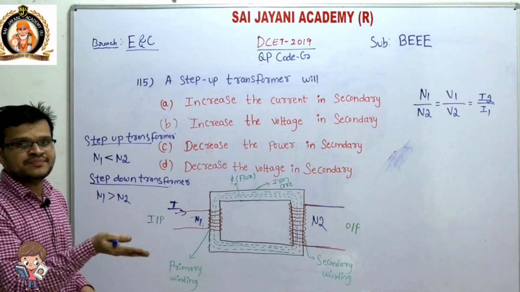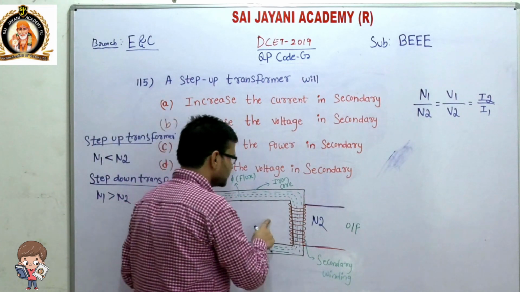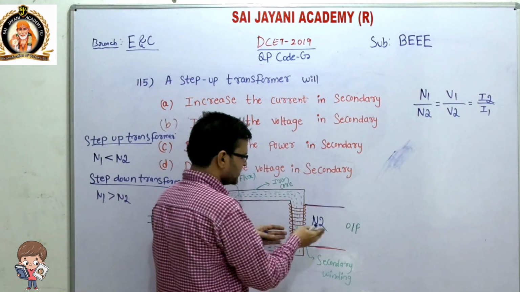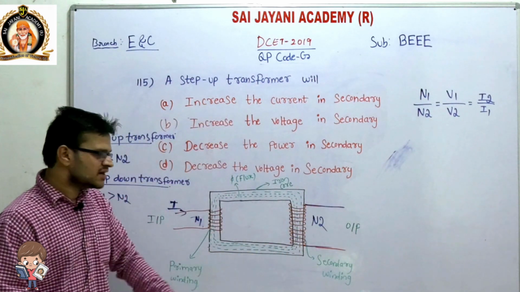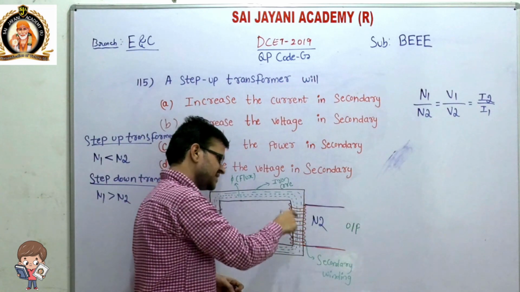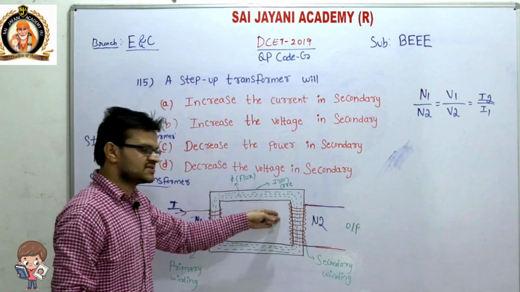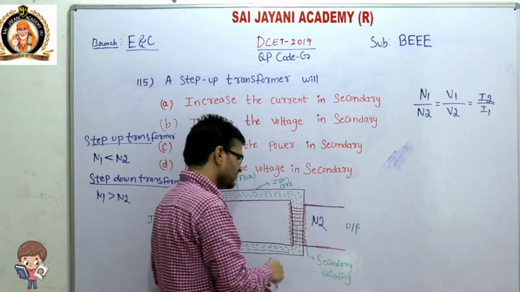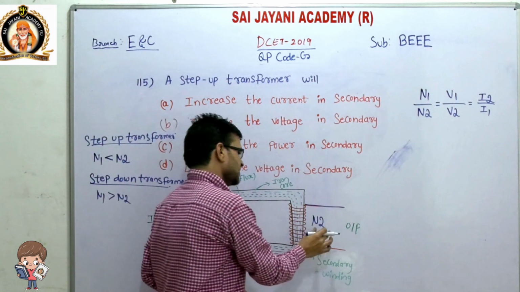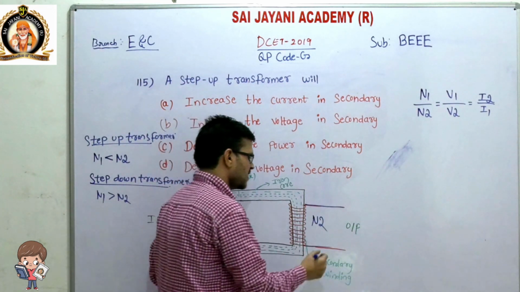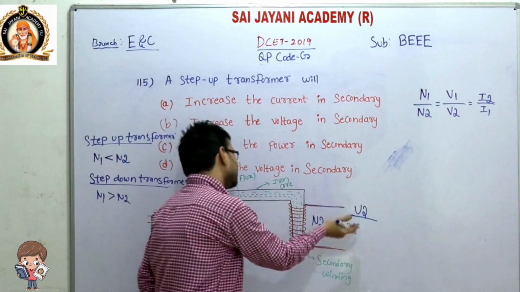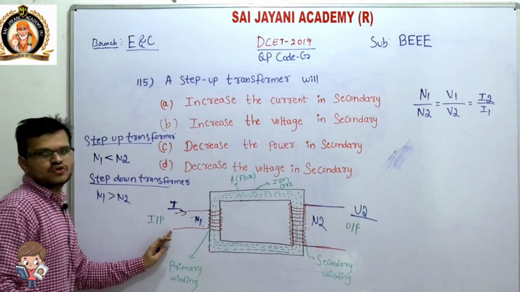Whenever we increase the current, the magnetic flux will also increase and it links to the secondary winding of the transformer. Whenever there is a change in the magnetic flux, an EMF is induced in the winding, so a voltage V2 is induced and this voltage is greater than the input voltage.